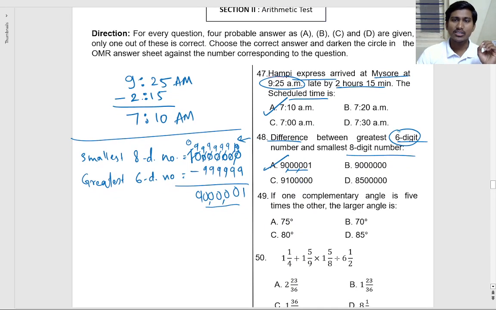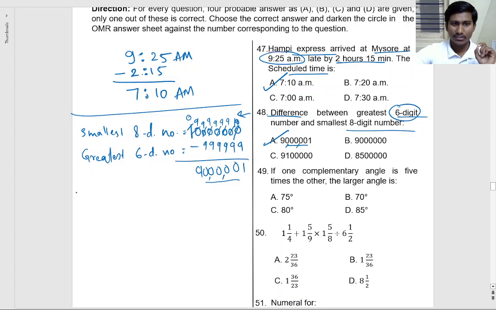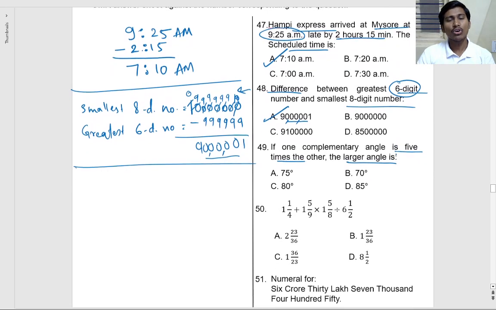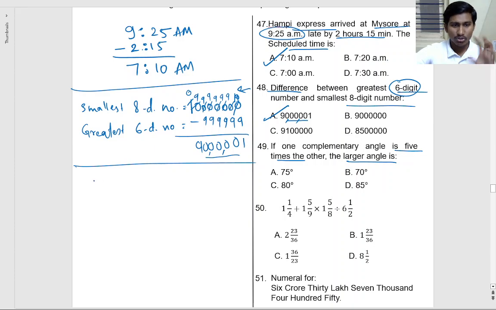Okay. Next, let's go to the 49th question. If one complementary angle is 5 times the other, the larger angle is. So how do we do this? We know complementary angle means a 90-degree angle.